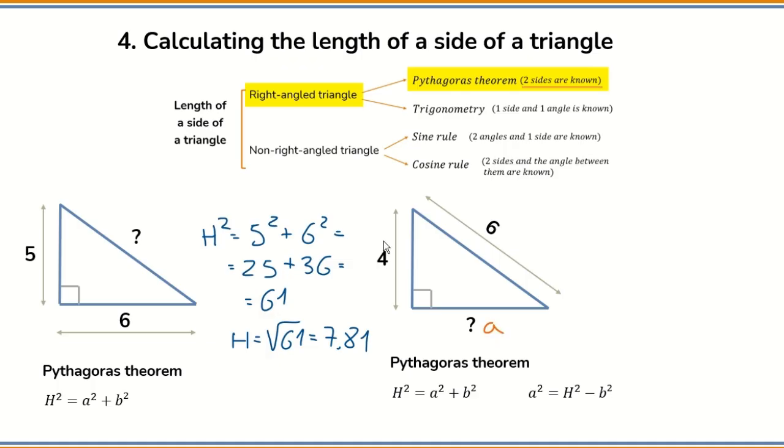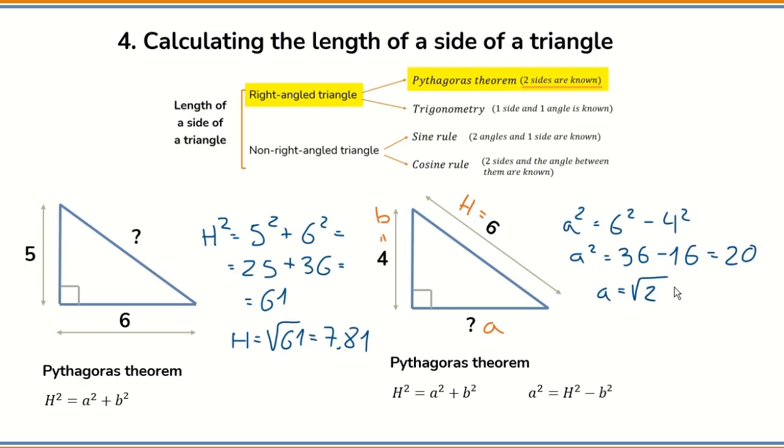If this is A, and this is B, and this is H, A squared equals H squared, 6 squared, minus 4 squared. So it's A squared equals 36 minus 16, which is 20. So A will be the square root of 20, which is 4.47.